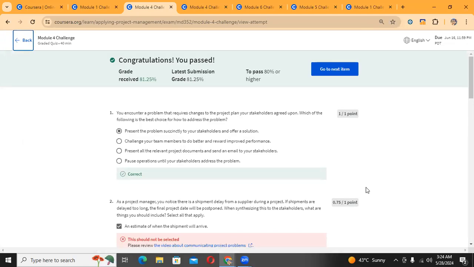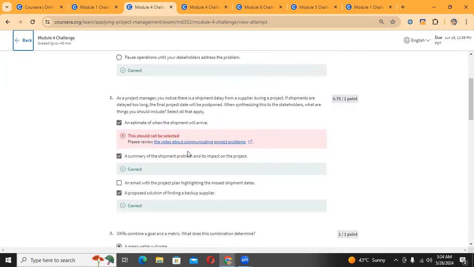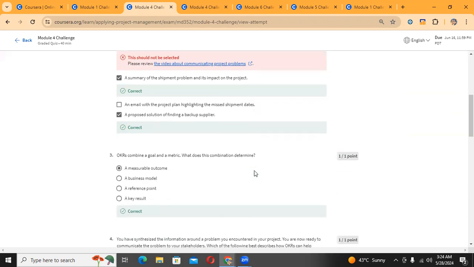The answer is A, present the problem to your stakeholders and offer a solution. The second answer is a summary of the problem and its impact on the project. And the C option is a proposed solution of finding a backup supplier.